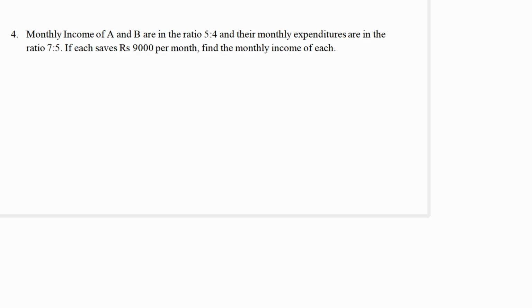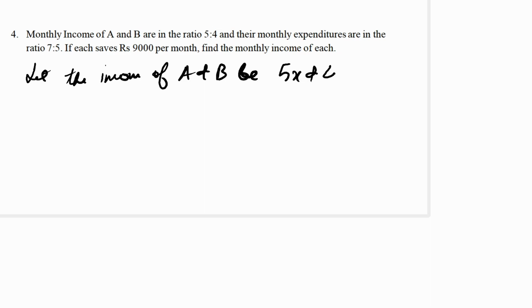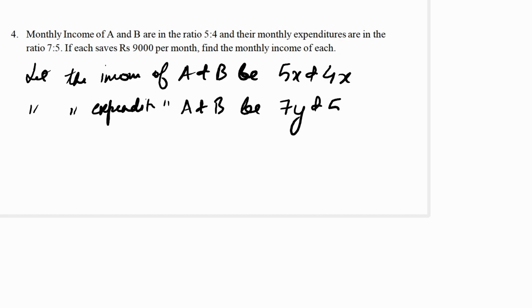So, what can we say? Let the incomes of A and B be, since they are 5:4, 5x and 4x, and let the expenditures of A and B be 7y and 5y.